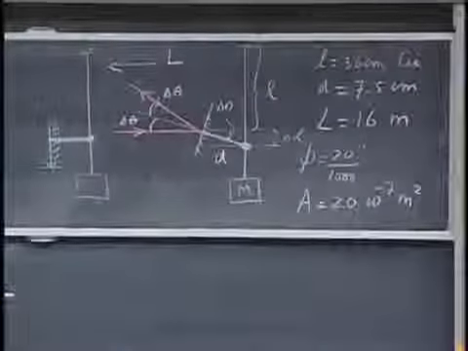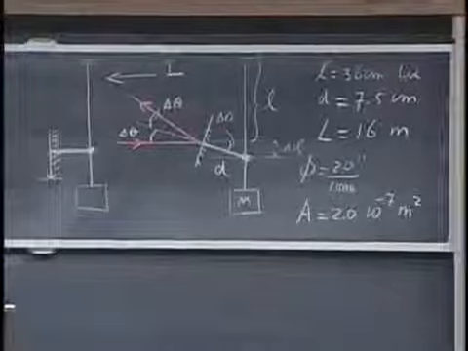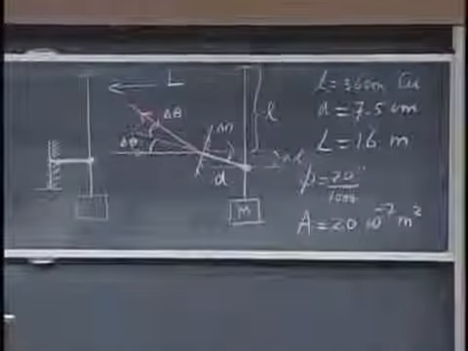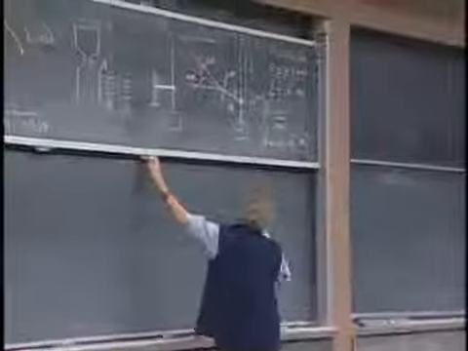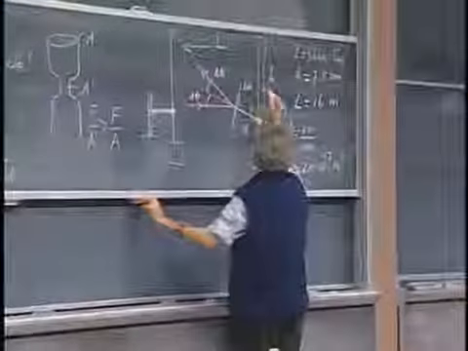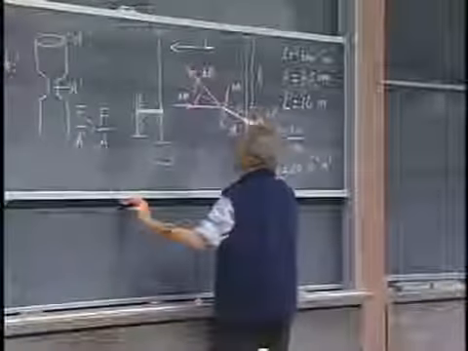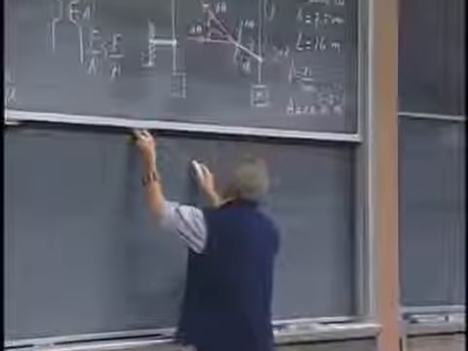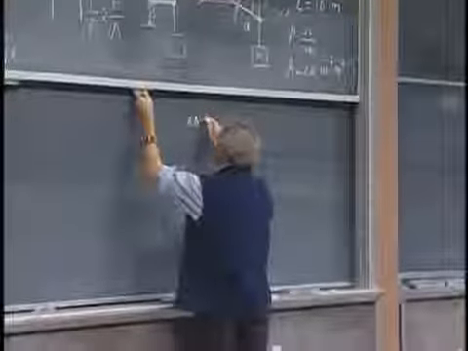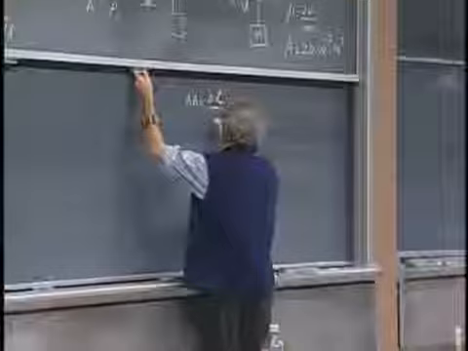All right. Notice that delta theta, that angle here, is delta L divided by d. So delta theta equals delta L divided by d.